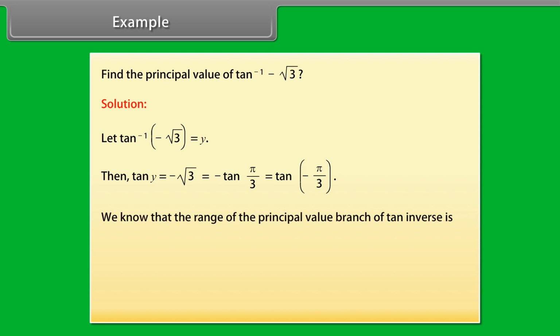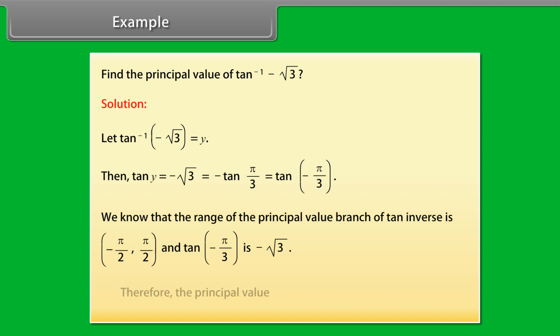We know that the range of the principal value branch of tan inverse is -π/2 to π/2, and tan of minus π/3 is -√3. Therefore, the principal value is -π/3.